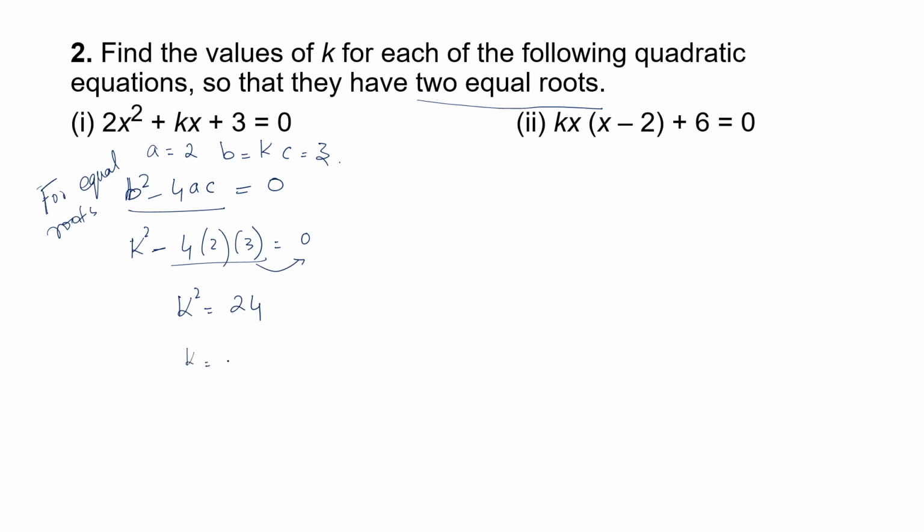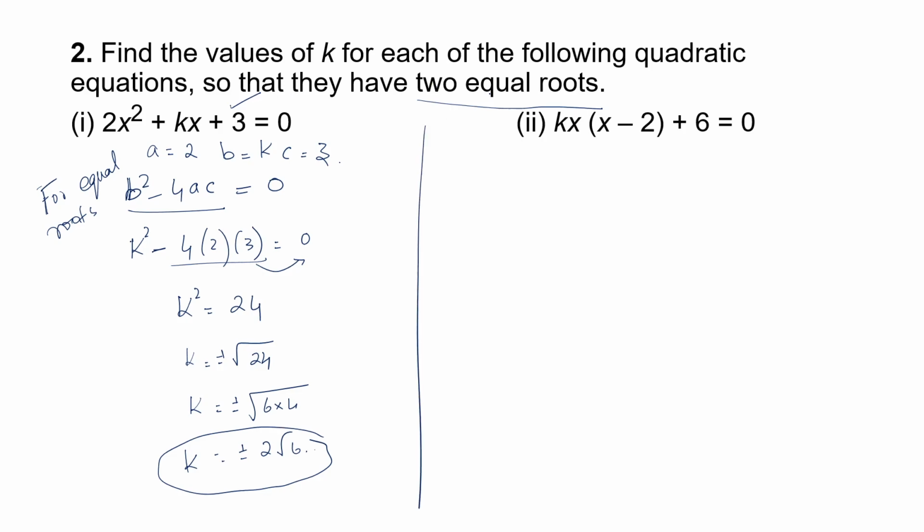So k is equal to root of 24, plus or minus. You can write it as 6 fours, and take 2 outside, 2 root 6. If the value of k is 2 root 6, then this equation will have 2 equal roots.